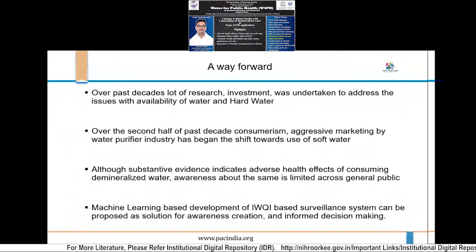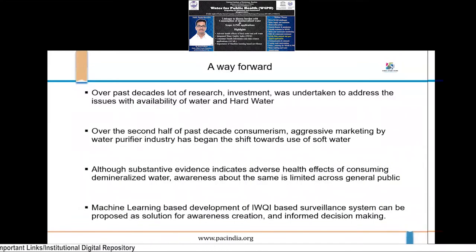So it's an impending disaster in the health system: even with 8% of the population using water purifiers, and with clear evidence, we're not able to link the risk factor with the adverse health event.